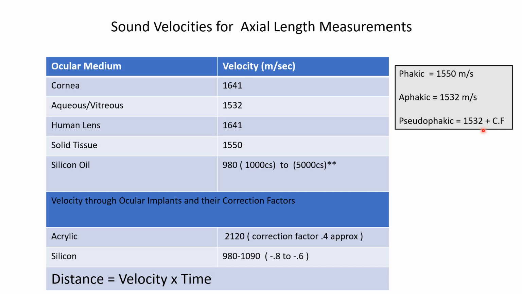For example, if the pseudophakic axial length with 1532 meters per second is 23, and he has implanted an acrylic IOL, then he has to add 0.2 to that 23. So the axial length would be 23.2. That axial length has to be matched to the phakic axial length to rule out that the refractive surprise has been because of a wrong measurement of axial length in the phakic state.